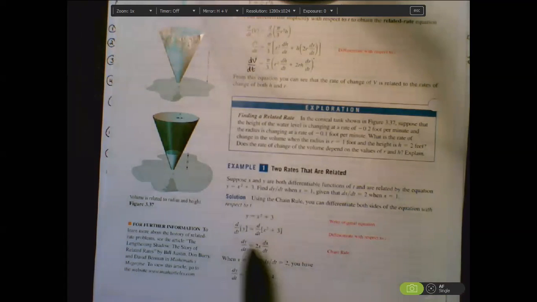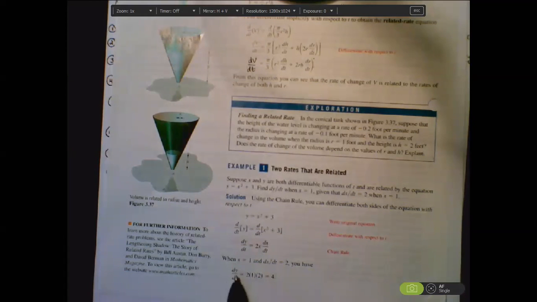When you differentiate both sides with respect to t, we can't just use the symbol y prime because that doesn't indicate that we're differentiating with respect to time. We have to say dy over dt is the derivative of x squared times dx over dt. And then you tell me at what x value you want to evaluate this expression, and you tell me the value of dx over dt, and it's just substitution.